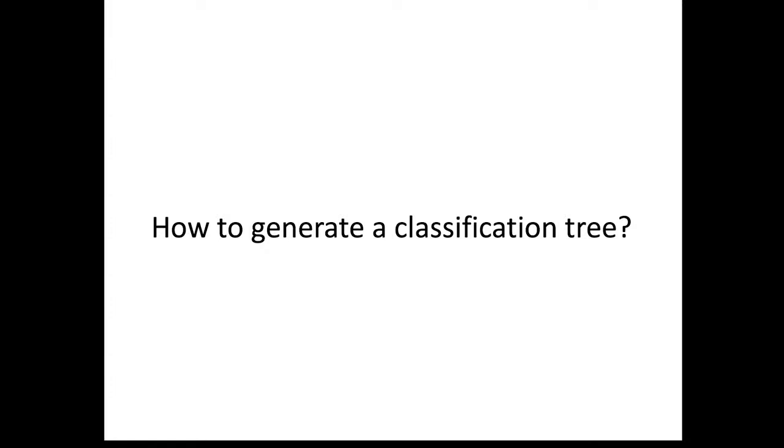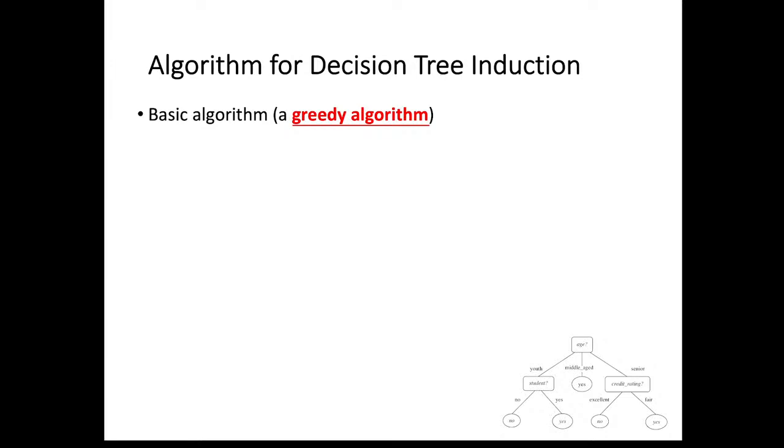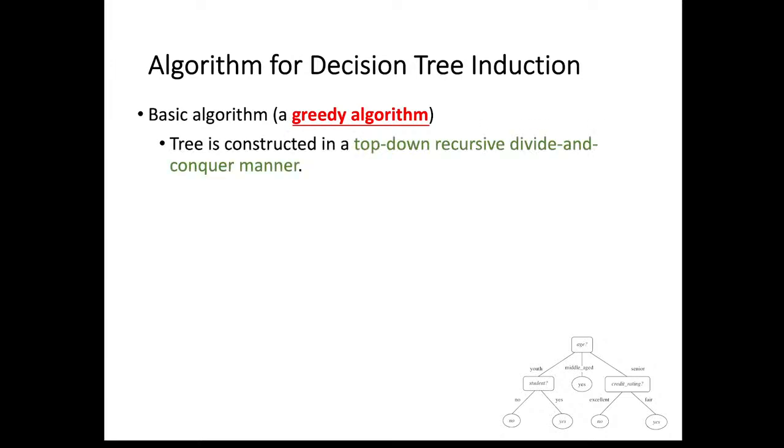So the key question: how do we generate a classification tree? It's a greedy algorithm, which means we grow the tree based on some information, and once we decide, for example, to ask a question first, we cannot move back. Once we decide this, we continue to develop the tree based on this setting.